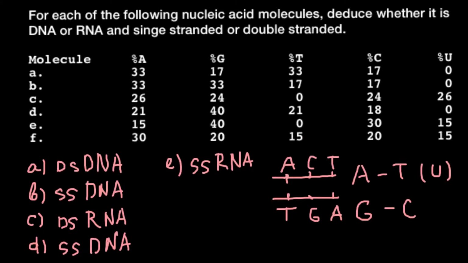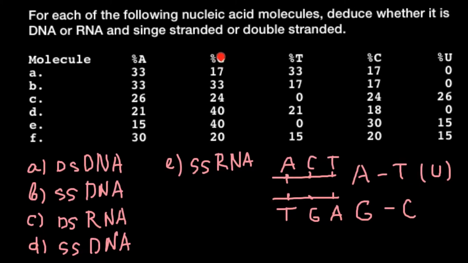We have one strand that is DNA and another strand that is RNA, because we have both thymine and uracil here. If we didn't have thymine here, we would say that this is RNA. If we didn't have uracil here, we would say that this is DNA. But because we have both thymine and uracil, we can say that this is a hybrid. That means that one strand is DNA, another strand is RNA.